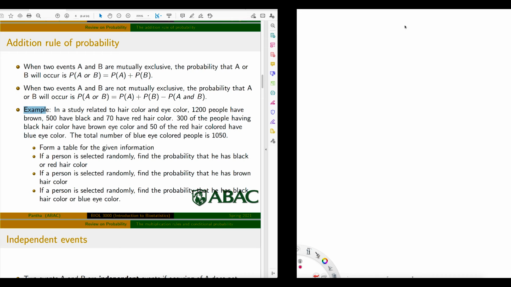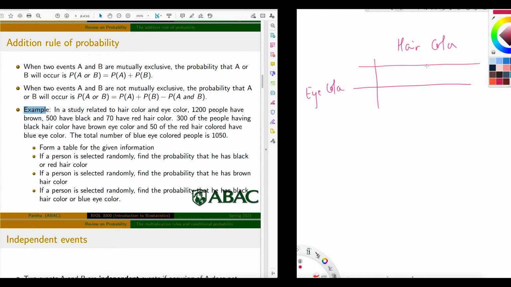Okay, first of all, we want to make the table for that. Let's say hair color, and let's write down here eye color. There are 3 different types of hair color, right?